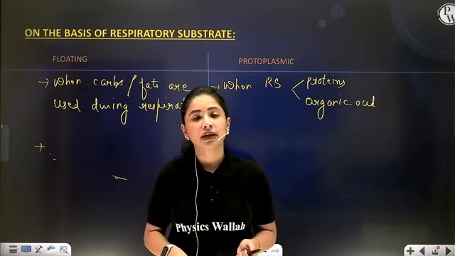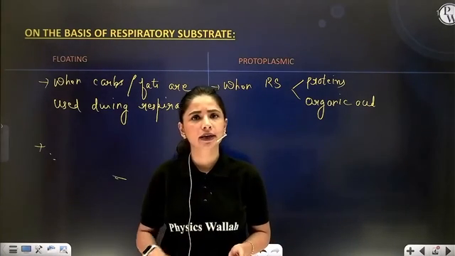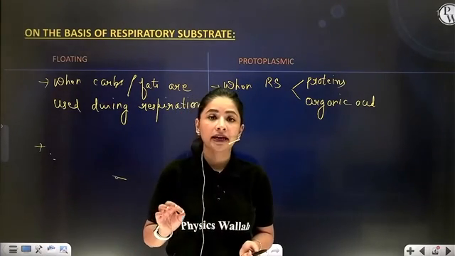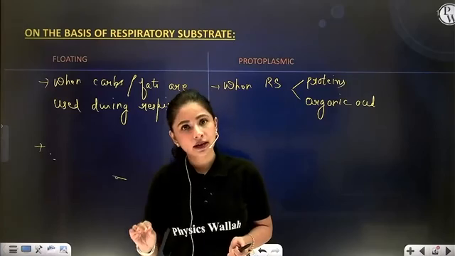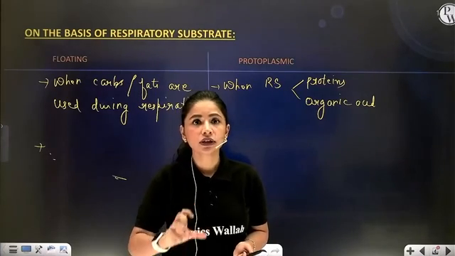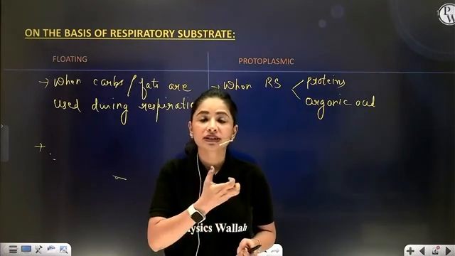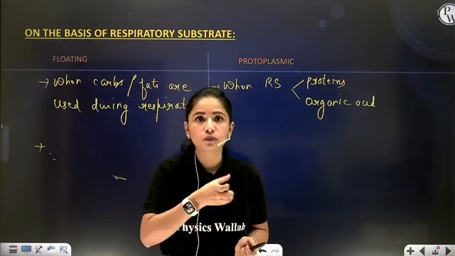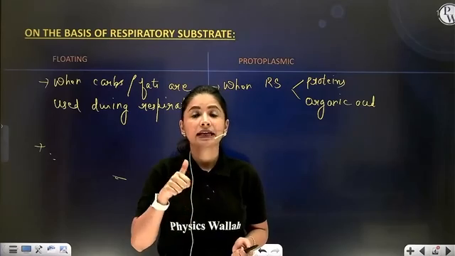In that extreme case, when all the carbohydrates and all the stored fats are over in my body, then the body, in order to survive, will start utilizing proteins. It will start taking out the proteins from the cell membrane, from the protoplasm of the cell, thus killing the cell.